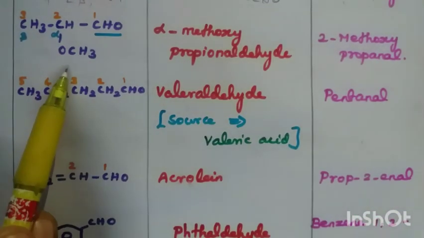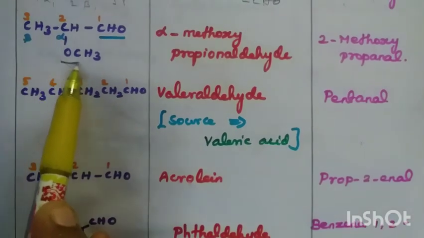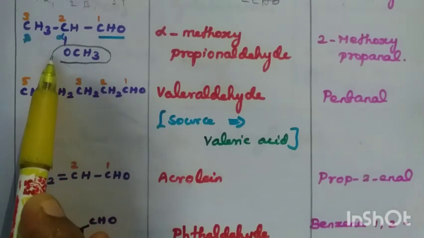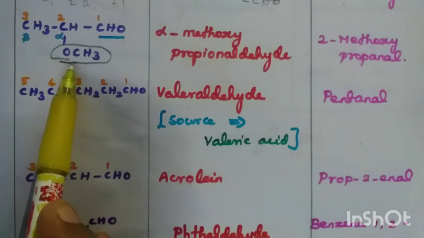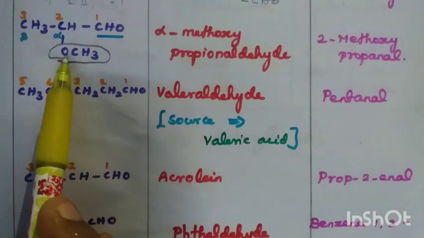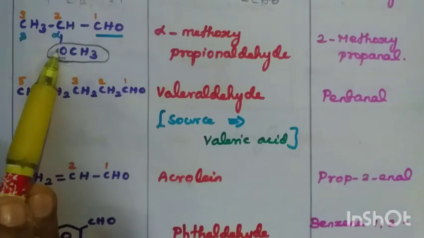Now it is not CH3, it is OCH3. It is nothing but methoxy, which we discussed in ethers. So on the second carbon we have a methoxy group.